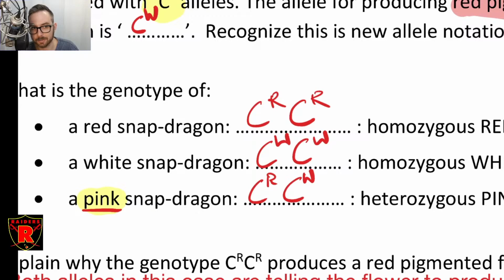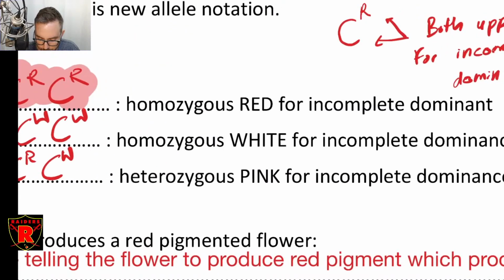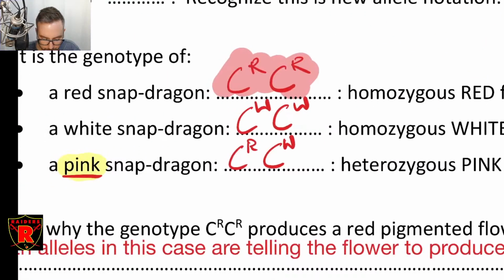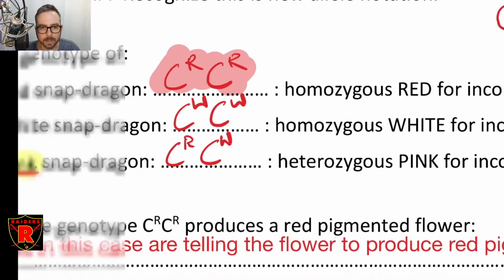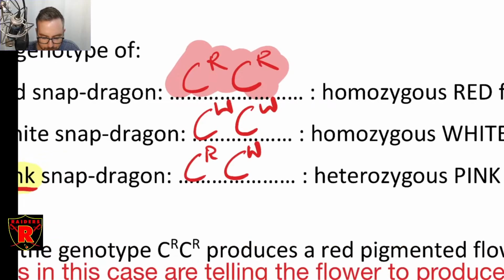So we would just say homozygous red. So CR CR would mean that both alleles are red. That's going to produce a red snapdragon. And I wrote here in my let statement that this is incompletely dominant. If you use capital letters for your superscripts, then it's obvious that it already denotes incomplete dominance. So you don't have to say it twice. You show it with your superscripts.